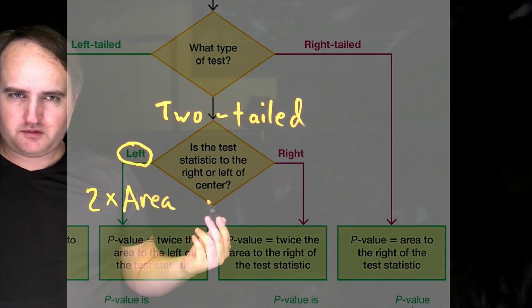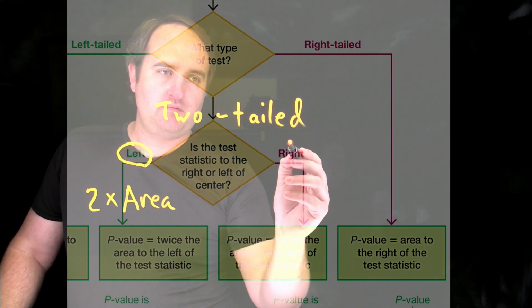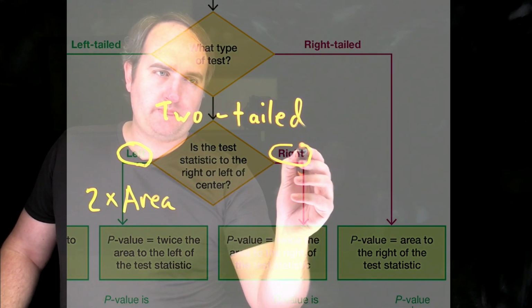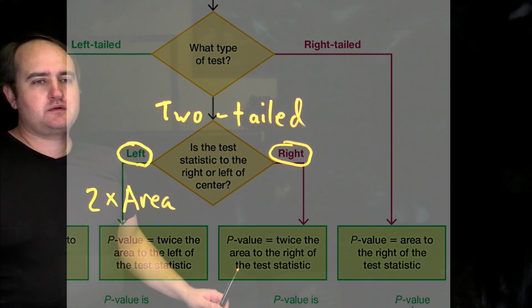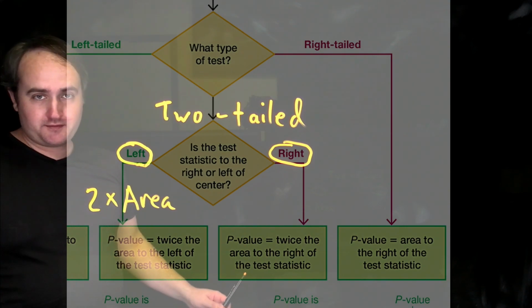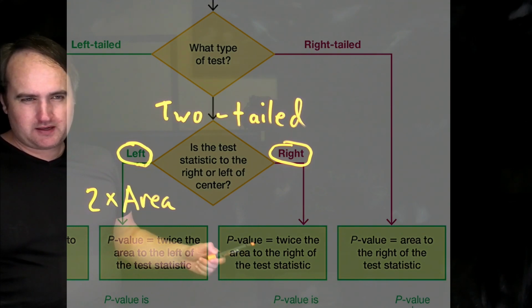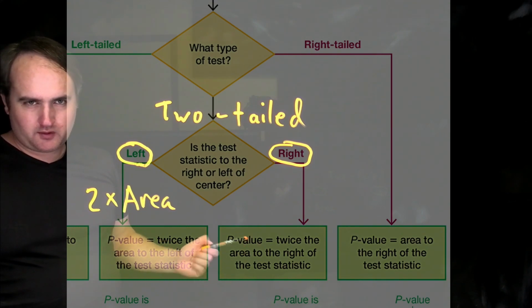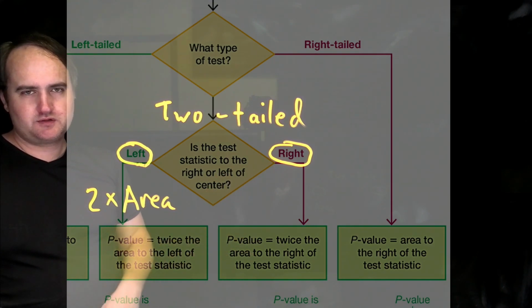Okay, and then the hardest case is if your test statistic z is positive and it's a two-tailed test. In that case, the p-value is twice the area to the right of the test statistic. I don't think we ever actually see this case in our homework and quizzes, but I'm just going to talk about it in case you ever have to do it in the real world.